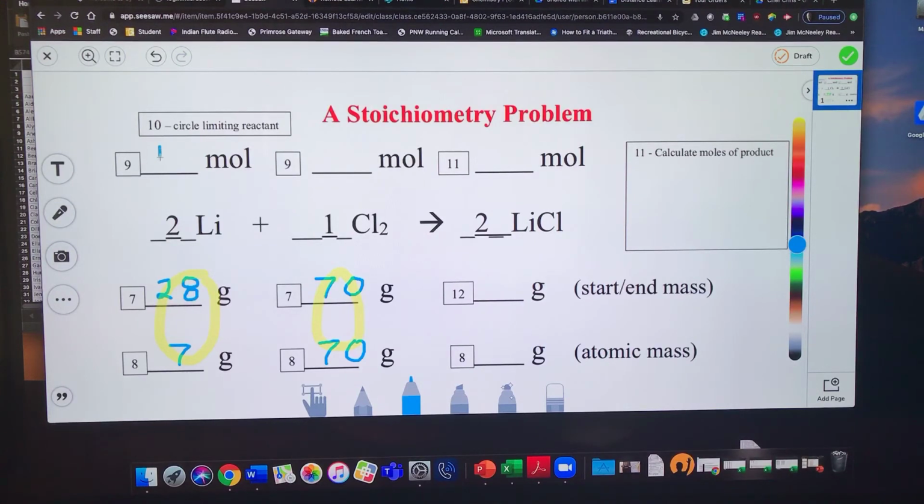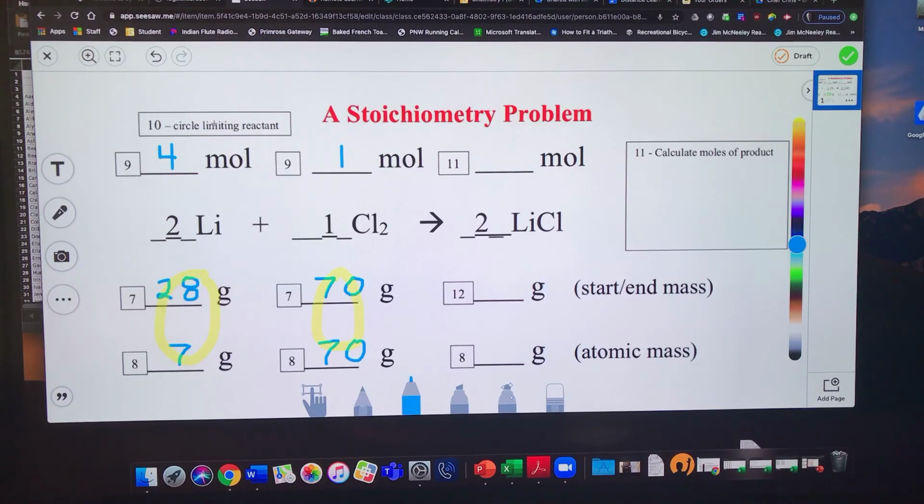Well, 28 divided by 7 is 4, in space number 9. Over here, same thing, 70 divided by 70, and write the answer up here, which is 1. Okay, we're just breezing through this. All right, that was step 9, convert mass to mole. Step 10, circle the limiting reactant.